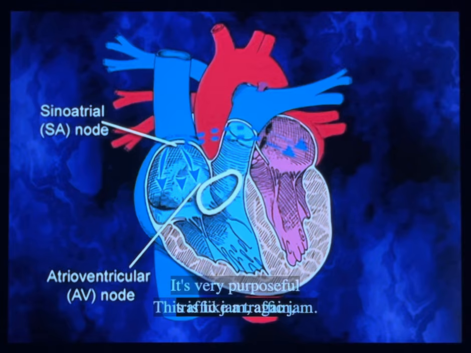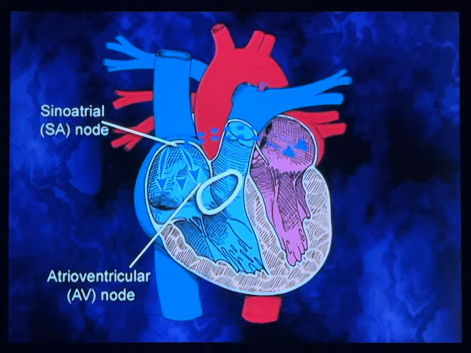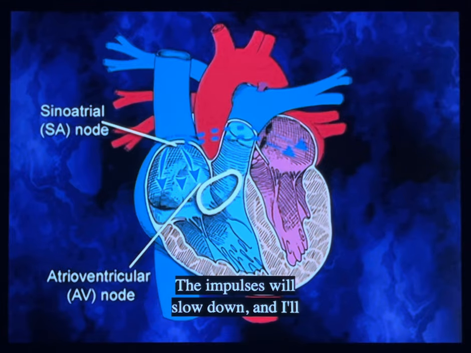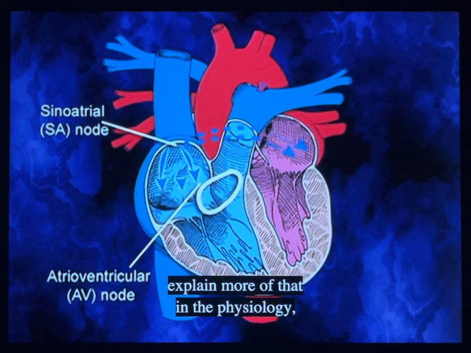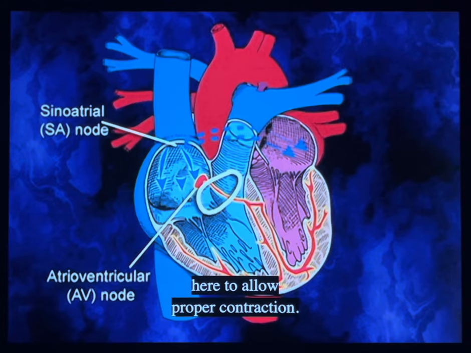This is like a traffic jam. It's a very purposeful traffic jam, again, that evolution has given us. The impulses will slow down, and I'll explain more of that in the physiology, but basically it is then distributed to all the sections of the ventricle and the musculature here to allow proper contraction.